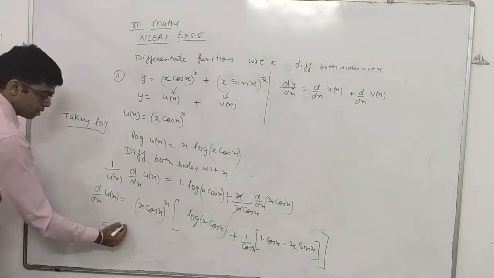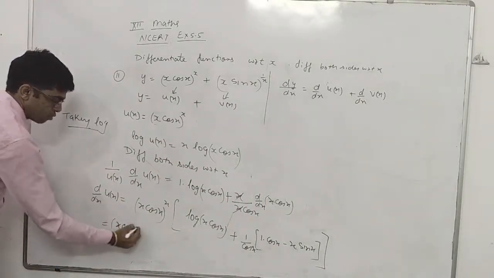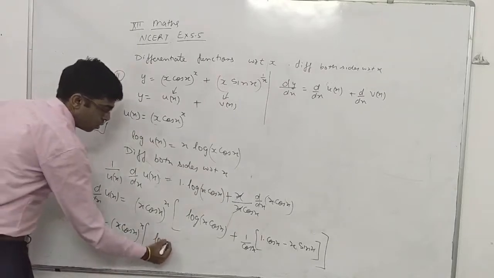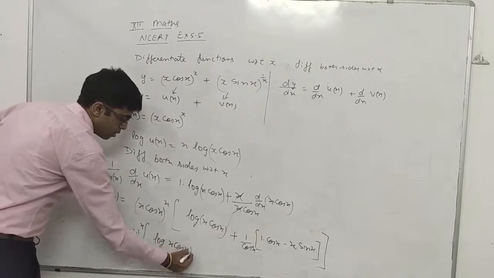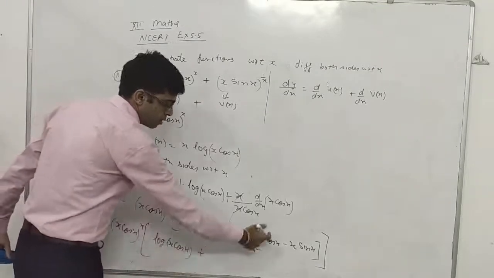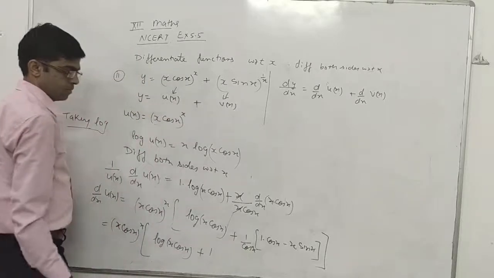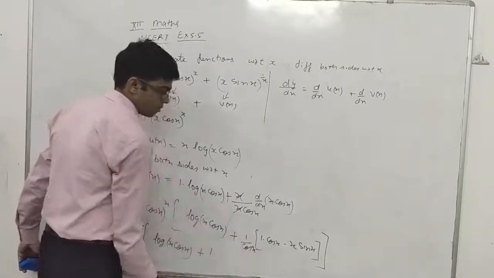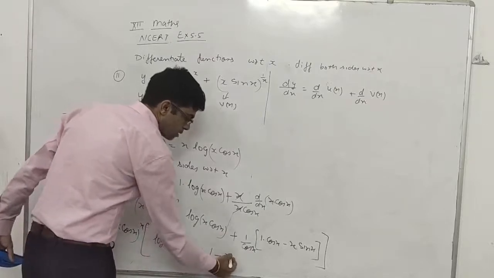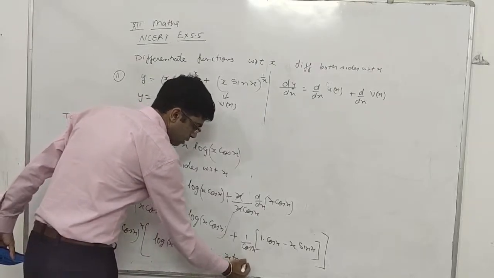So (x cos x) raised to the power x multiplied by log (x cos x) plus 1, cos x will be cancelled out, minus x tan x.